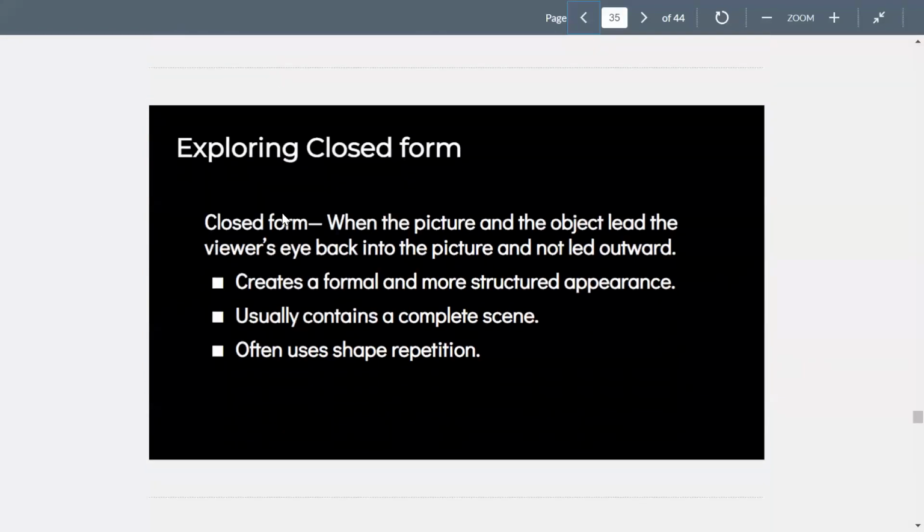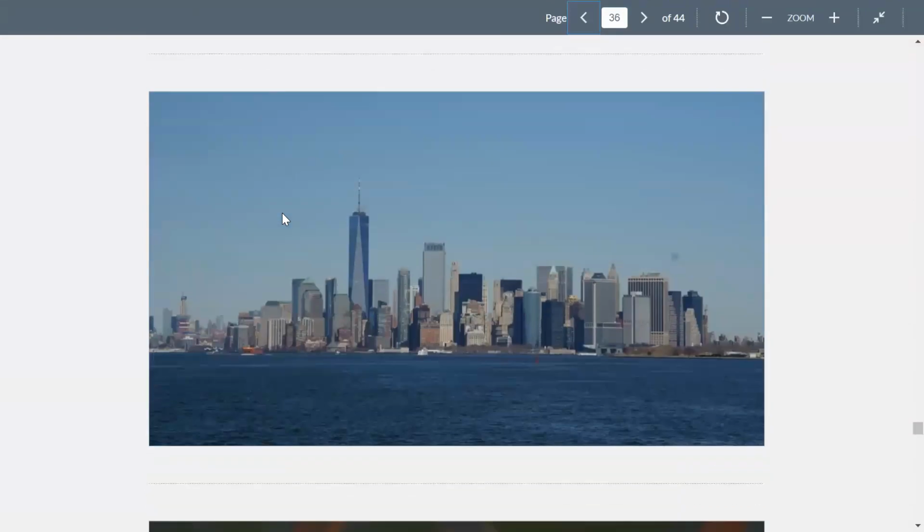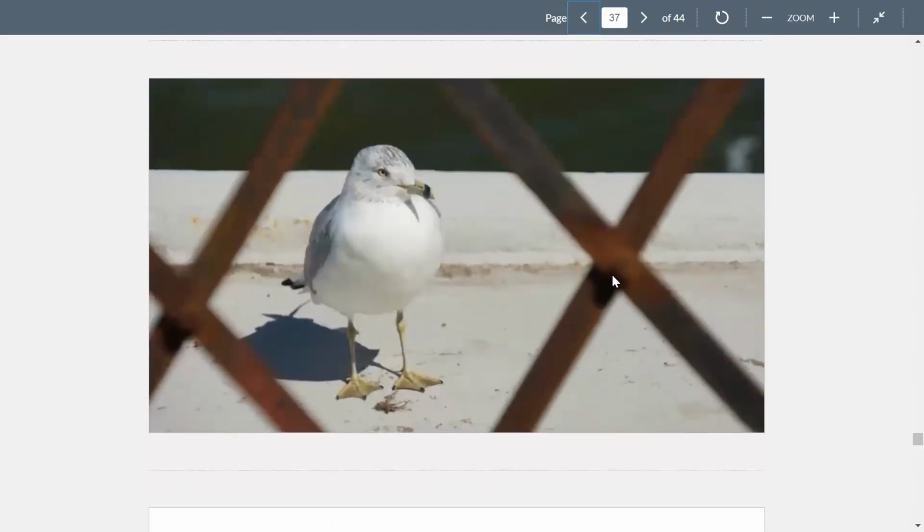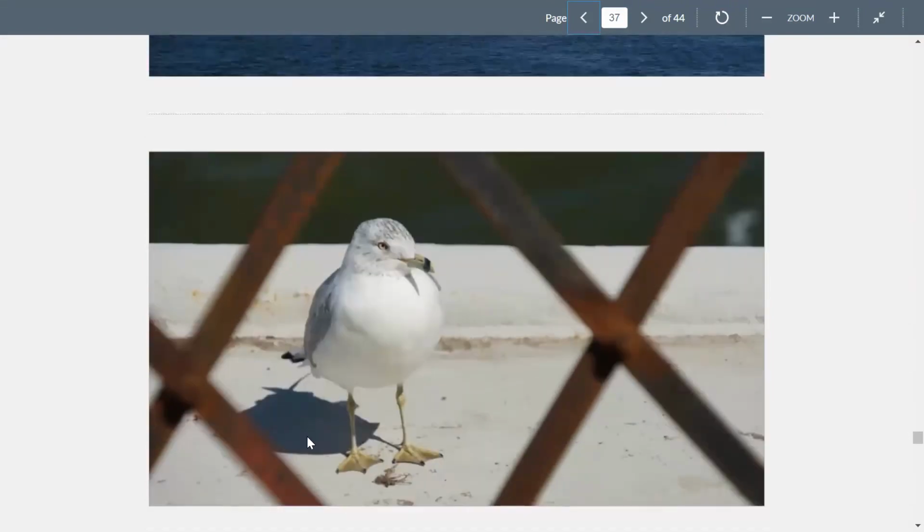Let's go to some examples. This is Manhattan. The whole of these buildings are framed in, so it's a closed form composition. And here the seagull is also framed inside, and the whole object is within the composition, so it's a closed form.